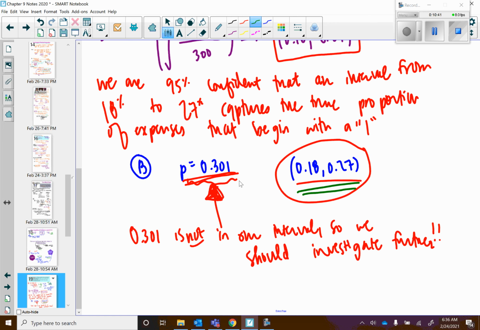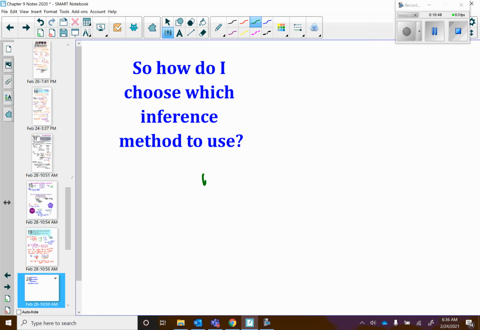Last thing in this chapter is how would we decide what inference method to choose? And I'm going to give you two answers. The first answer is if it is a one-sided alternate hypothesis, so that means greater than a number or less than a number, you are going to use a significance test.